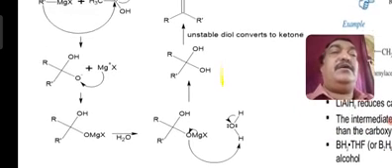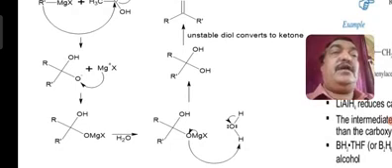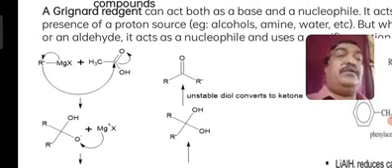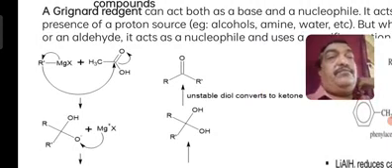When water, H2O, is H plus and OH minus, H plus gets added to the O and OH is added to the Mg. So there is an elimination of MgOHX, and you will get R-C(R')(OH)OH. A carbon containing two OH groups is highly unstable. Therefore, this diol will lose a molecule of water, and there is a formation of RCOR', a ketone.